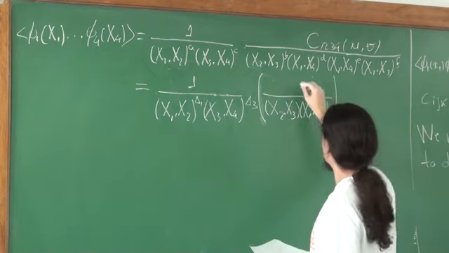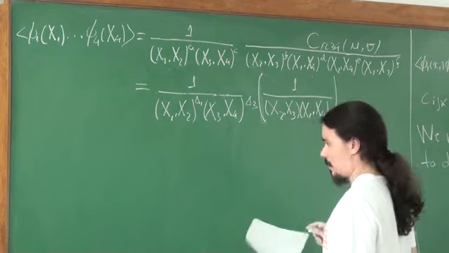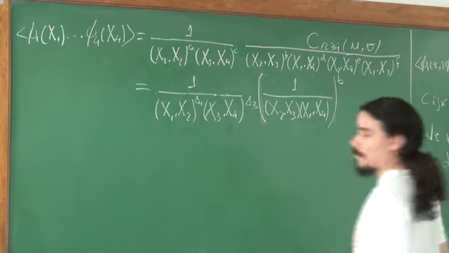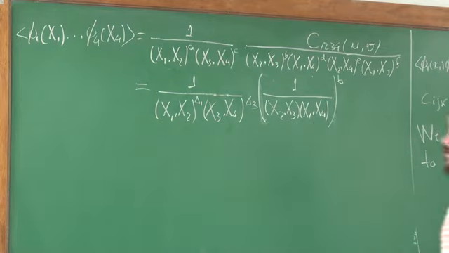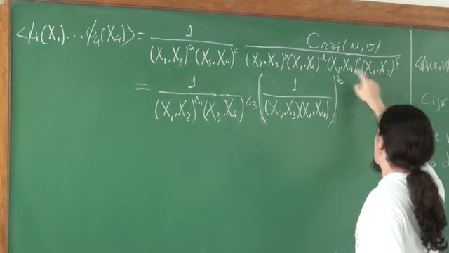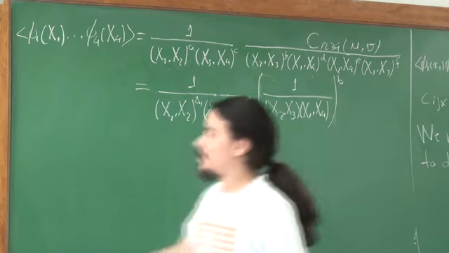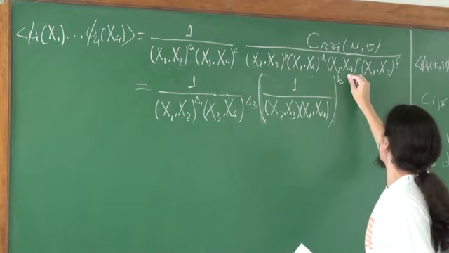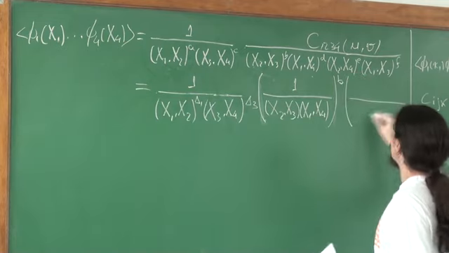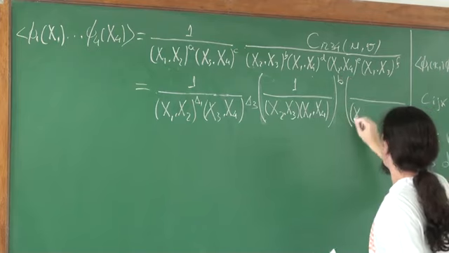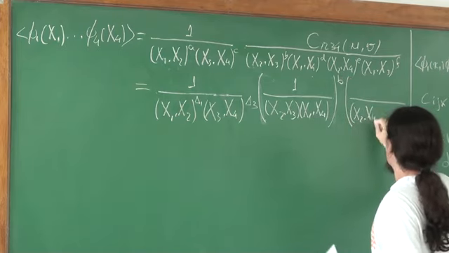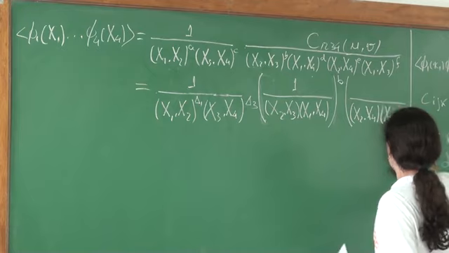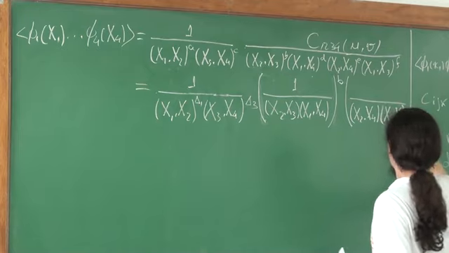This has, say, B, they have the same power, and these guys have the same power, E equals F. So this is x2, x4, x1, x3.